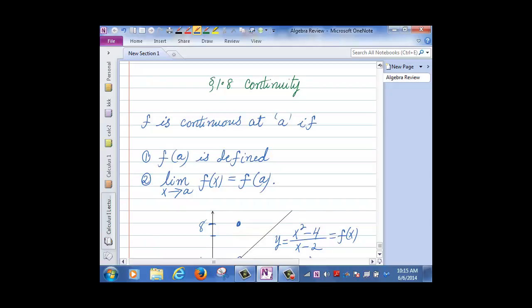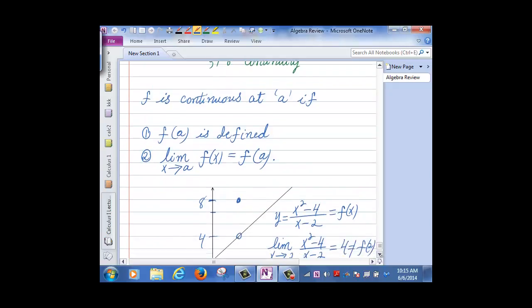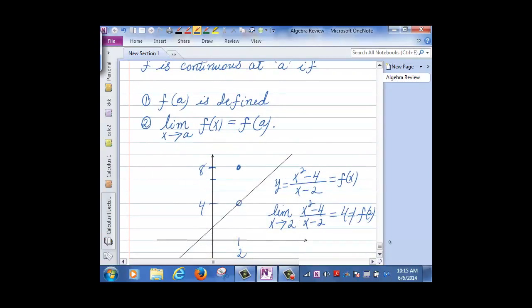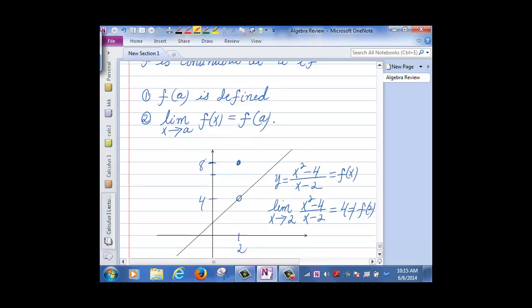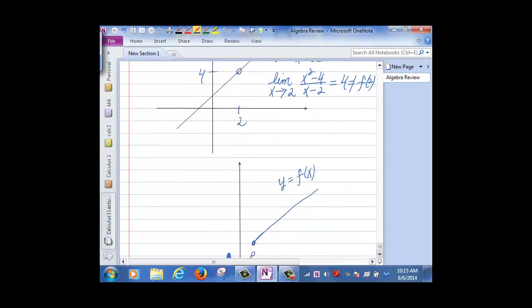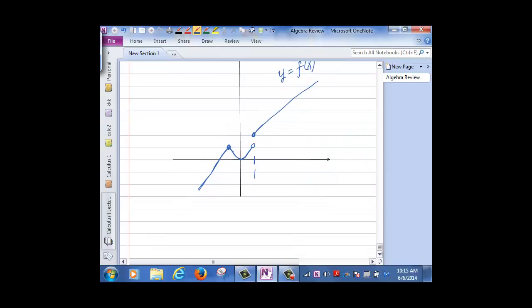Okay, so in the first example, I wanted to make the point that sometimes the limit may exist, but the function may not be defined at that number, or maybe even if the function is defined at that number, the limit may not be the same as the value of the function at that number. And then in the second example, we see that the limit doesn't exist, even though the function is defined at that number.